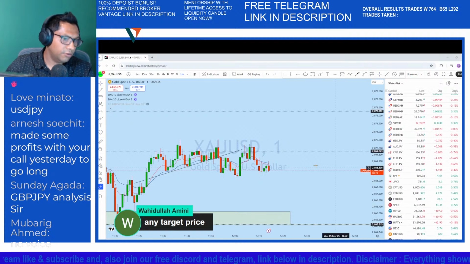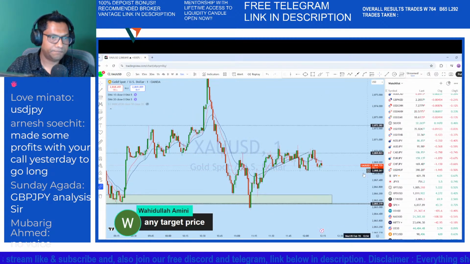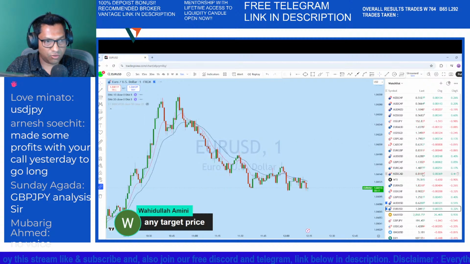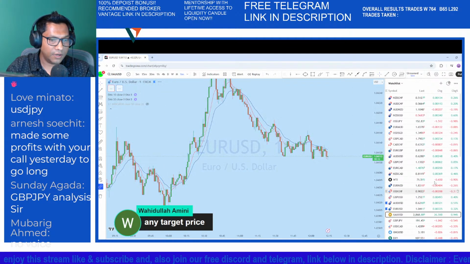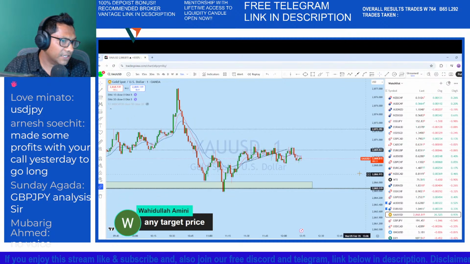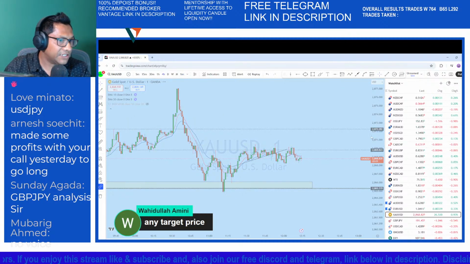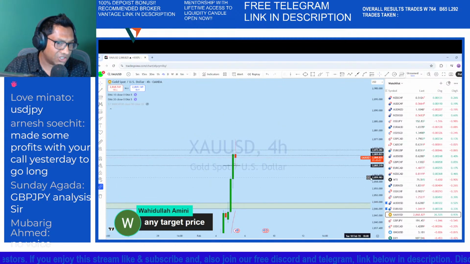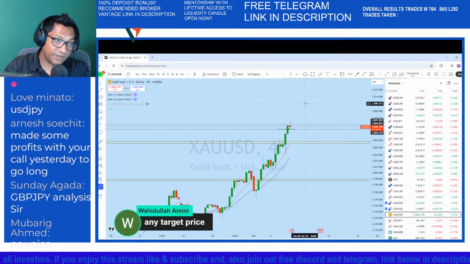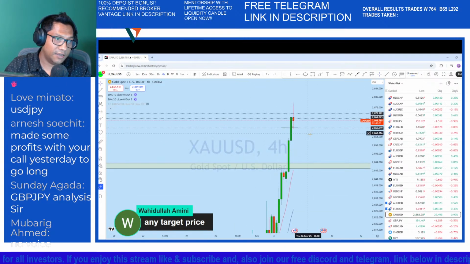All right, so let's look at where the price could be heading now. Again, XAUSD, we can see the lower time frame a little bit in a sideways movement, but expecting potentially a trend, as we have seen quite a few sessions in a very strong trend, currently in a pullback.